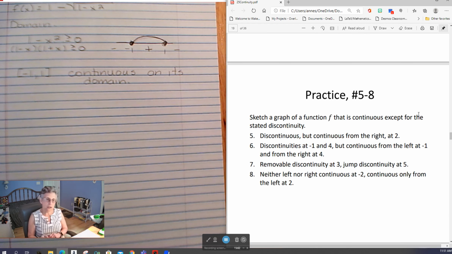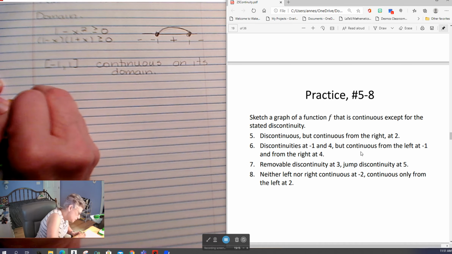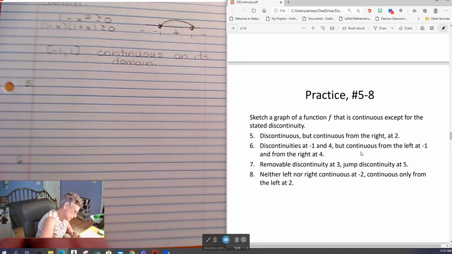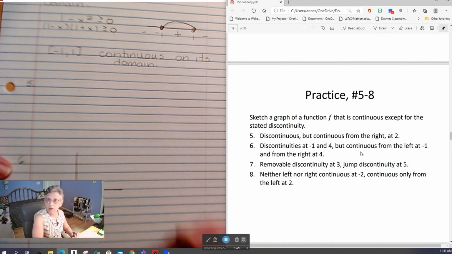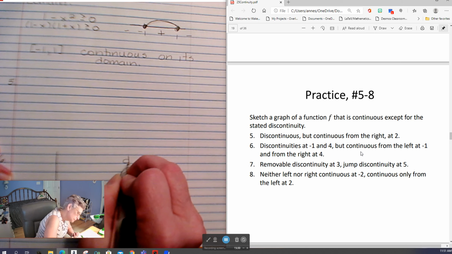Okay, I'm going to sketch one of these and then we'll leave the rest for you to do. And I won't do the easiest one. I'll do number 6. I'll leave myself a space to do number 5. I'll come down here and do number 6. So number 6 says it has discontinuities at -1 and 4.